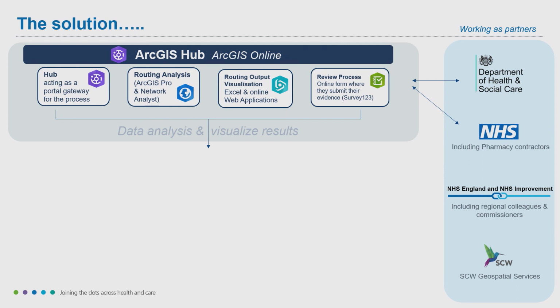What Esri enabled us to do is to bring together a huge range of technical solutions in one easy-to-use final product for the reviewers of these cases. The first section, covered by James, was the hub to display the information back to the pharmacist for review, including web apps, maps, the hub, and a Survey123 form to actually submit their application.